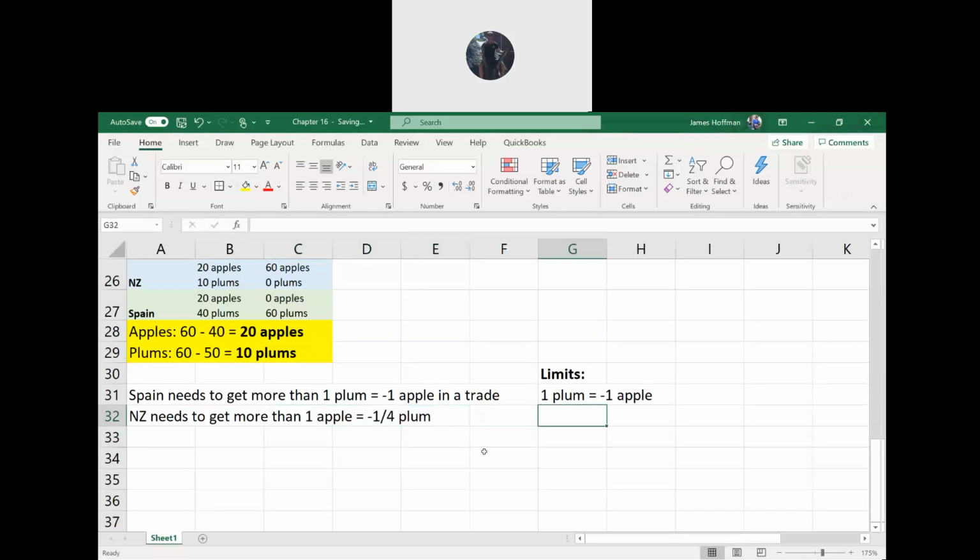Or vice versa, one plum equals minus four apples. Okay, this part's a little tricky, but these are the limits here, because we're trying to show the boundaries in which they can both be better off in a trade, which are basically these.